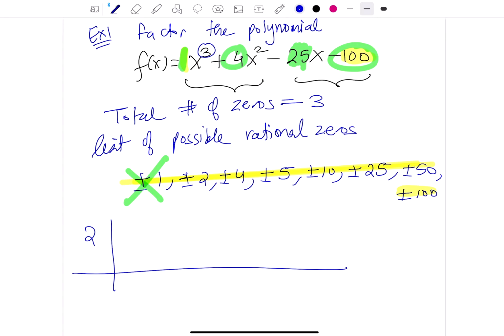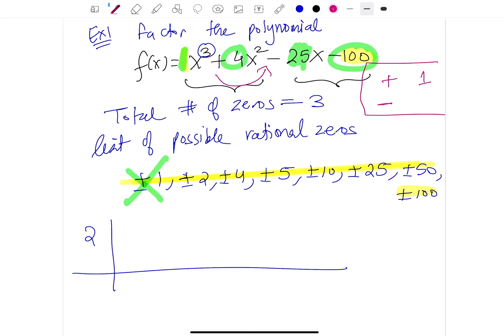We can also think about how many positive zeros and how many negative zeros. So how many sign changes? The number of positive zeros in this case is going to be the number of sign changes in f of x. So 1 sign change, so the number of positive zeros will be only 1. The number of negative zeros is going to be, there's only 1 positive zero, and let's think about f of negative x.